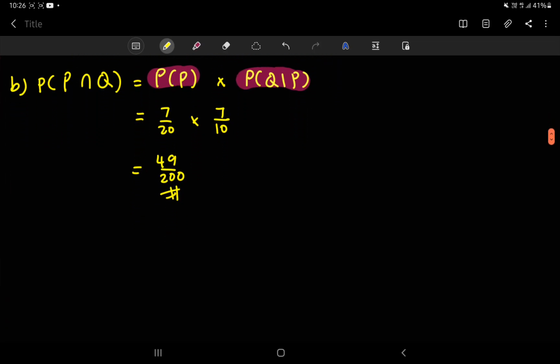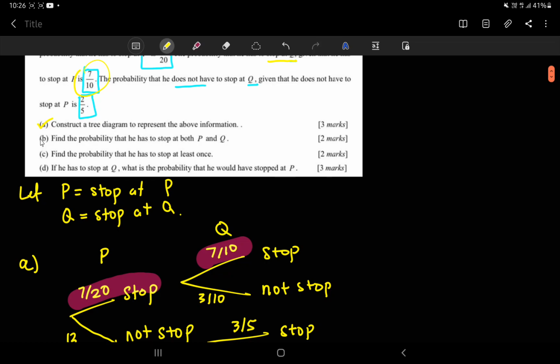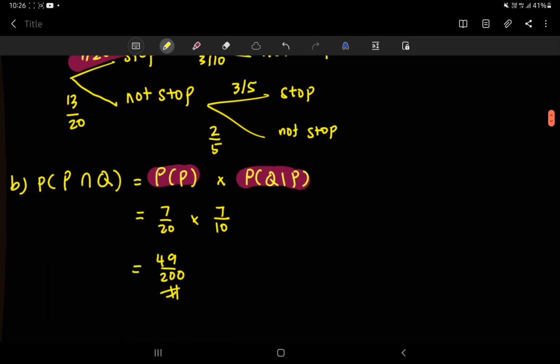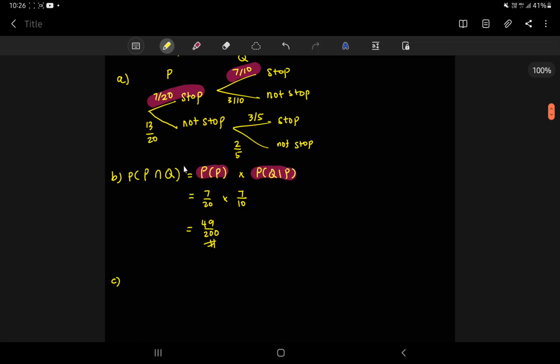Alright, next is question C. Find the probability that he has to stop at least once. At least once, actually we have two ways to do this. First, we can find the probability of stopping at least once, which is over here.